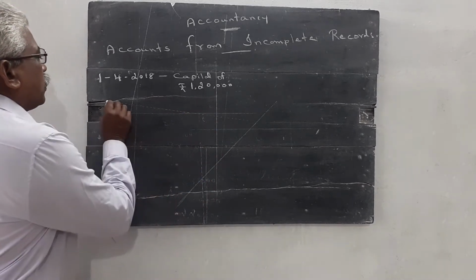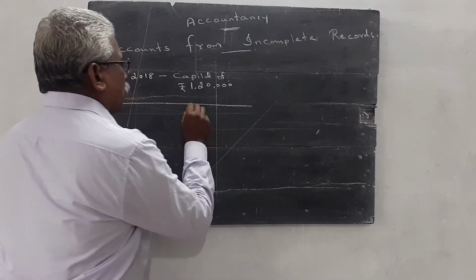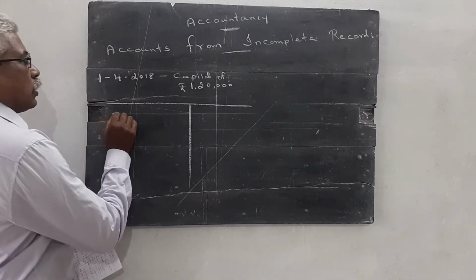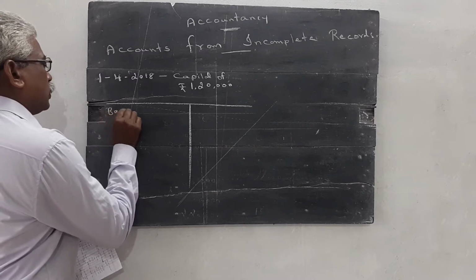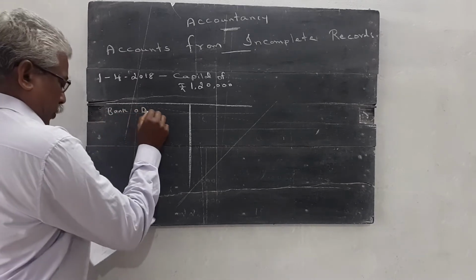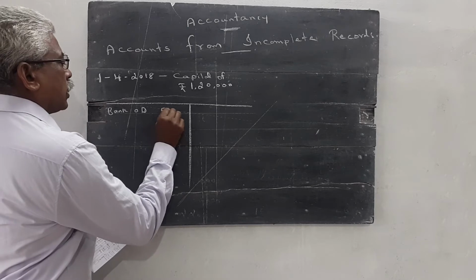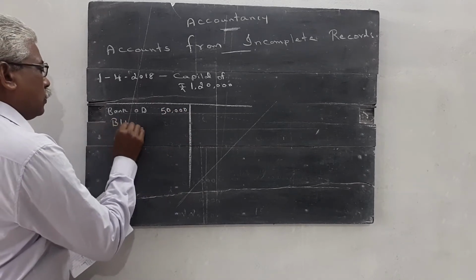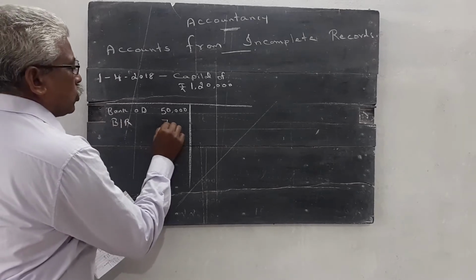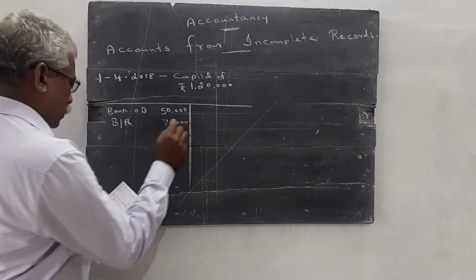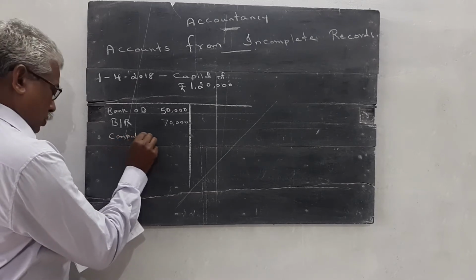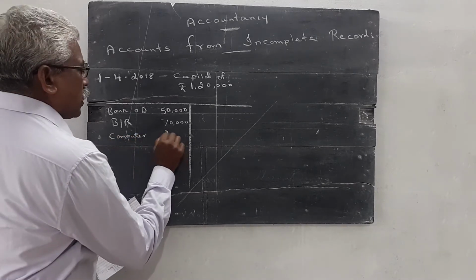Then some information is given one by one. First information: bank overdraft rupees 50,000. Then bills receivable rupees 70,000. Then computer 30,000 rupees.